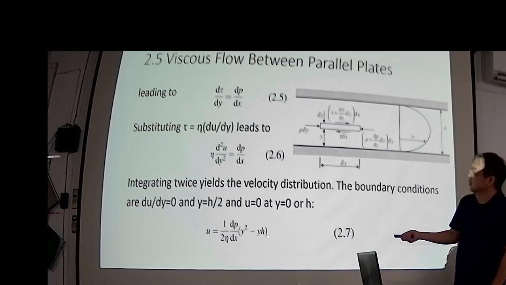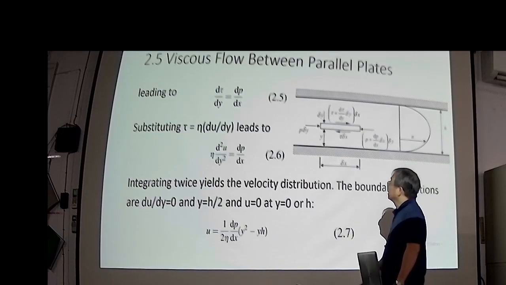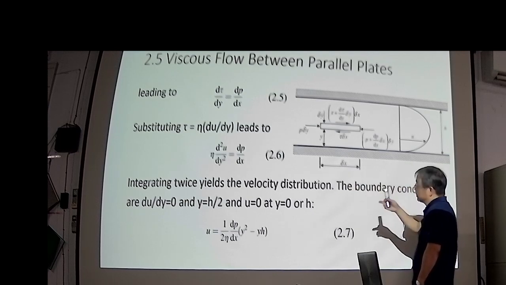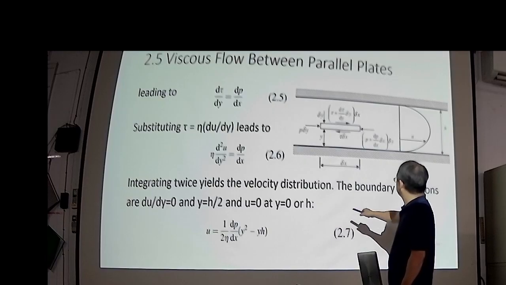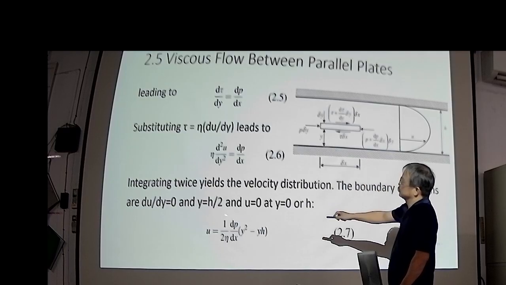And then we will have this first formula, okay? And you have the two boundary conditions. du/dy equal to 0 at y equal to half of the film thickness.